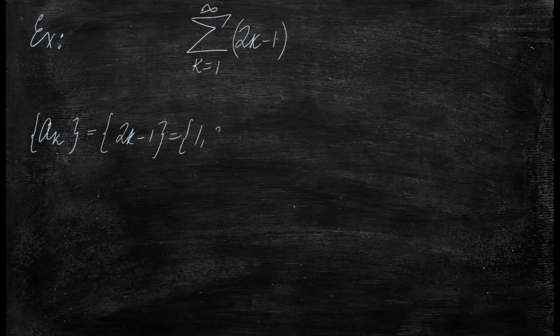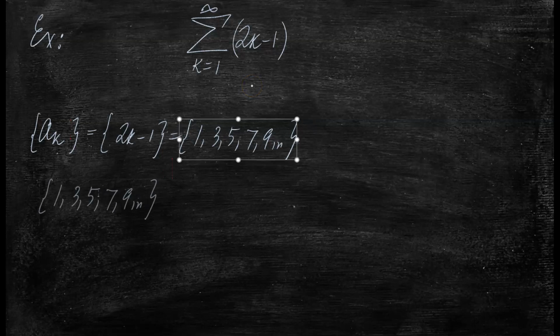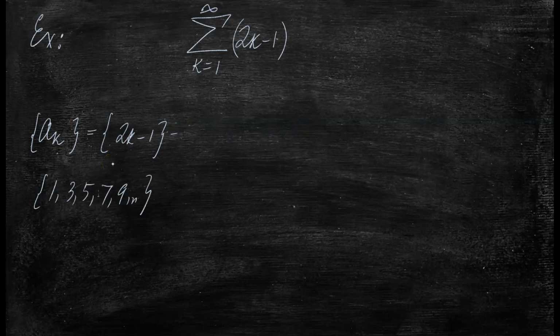So it is 1, 3, 5, 7, 9, etc. And the second sequence is the sequence of partial sums, for which we may not know the formula immediately, but we can try to figure it out.